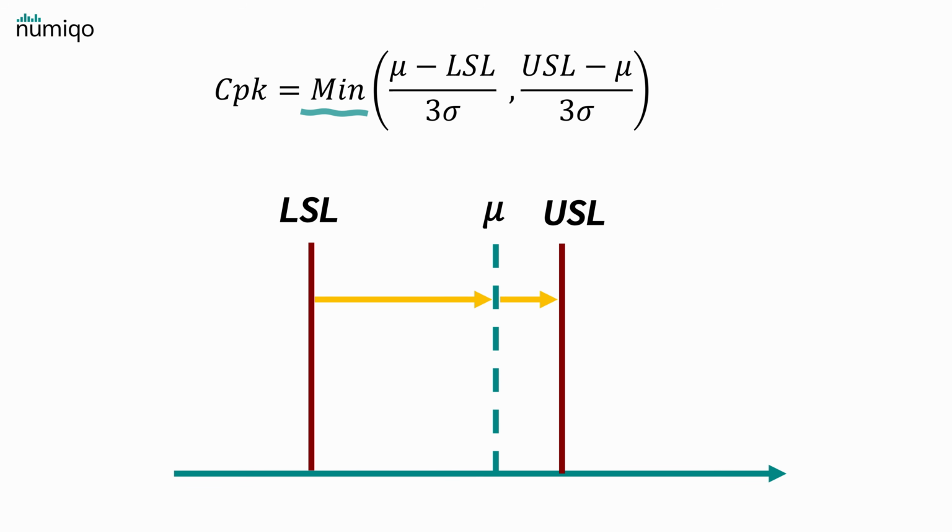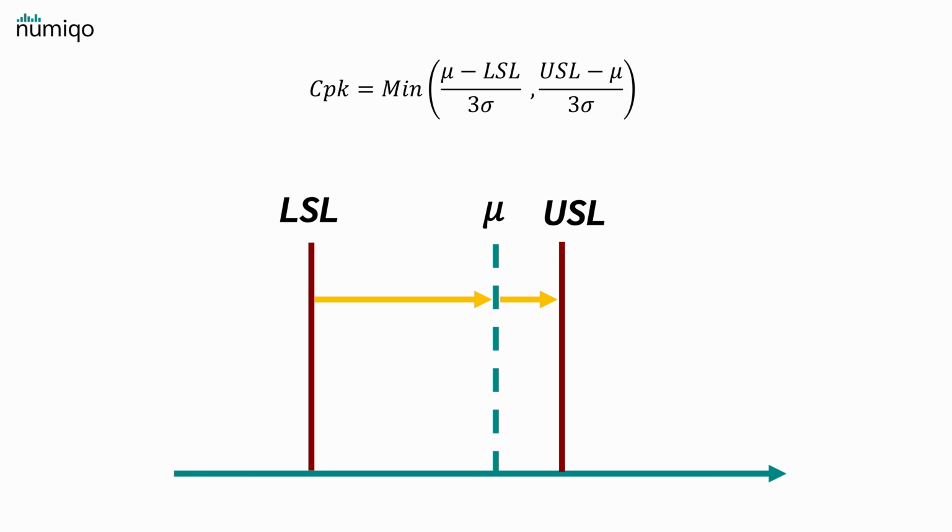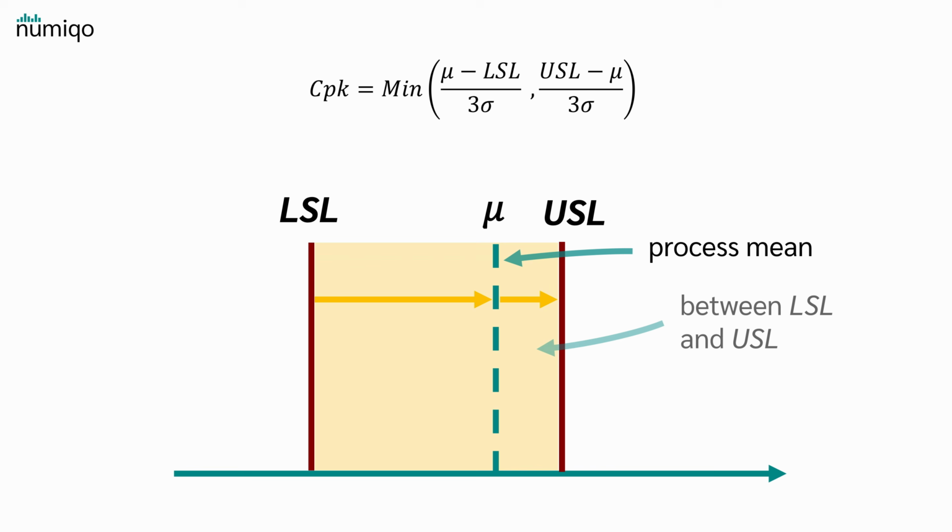If we go back to the formula, this distance is mu, which is the mean, minus the lower specification limit, and that distance is the upper specification minus mu. And we use the minimum of both to calculate CPK. So as long as the process mean lies between the lower and upper specification limits, we get a positive CPK value.